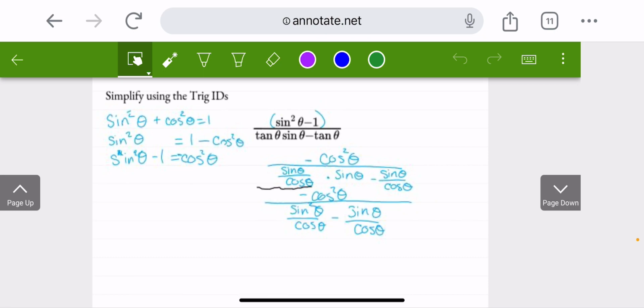This is the line between the two fractions, so those are two separate steps. I will change colors now in between the different fractions because it's getting very fractiony.